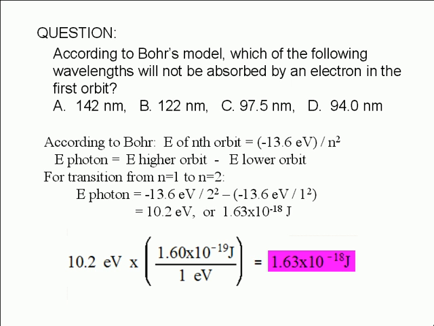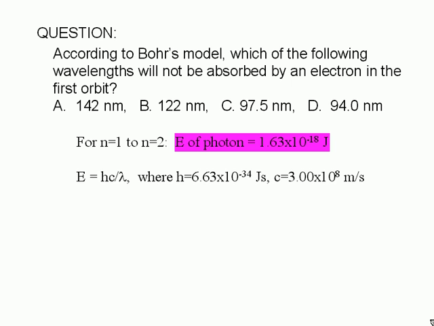Now that we have the energy of the photon, we can calculate the wavelength. The energy of a photon is related to its wavelength according to the equation E equals h times c divided by the wavelength lambda. In this equation, h is Planck's constant, which has a value of 6.63 times 10 to the negative 34th joule second, and c is the speed of light, which is 3.00 times 10 to the 8th meters per second.